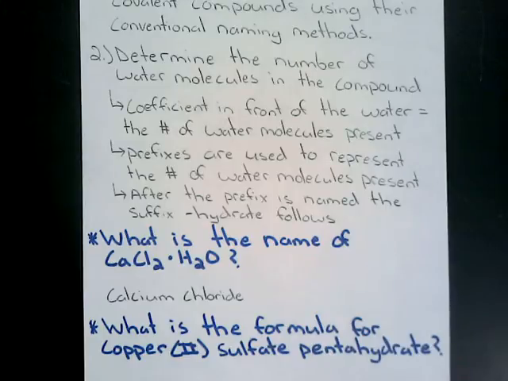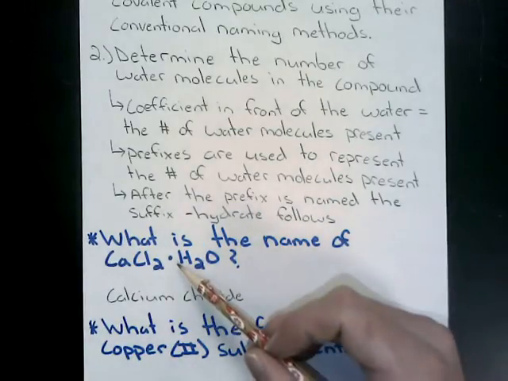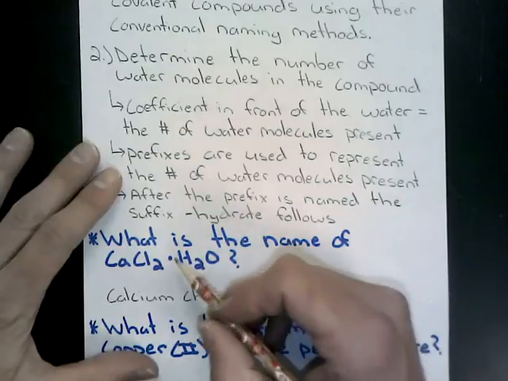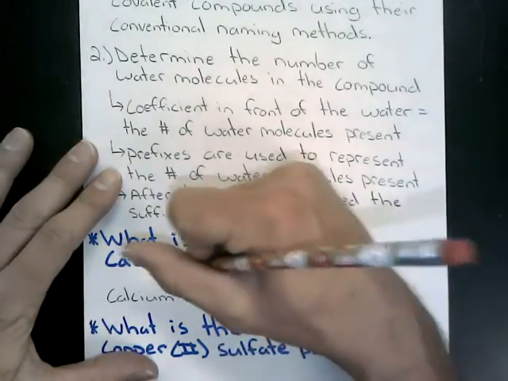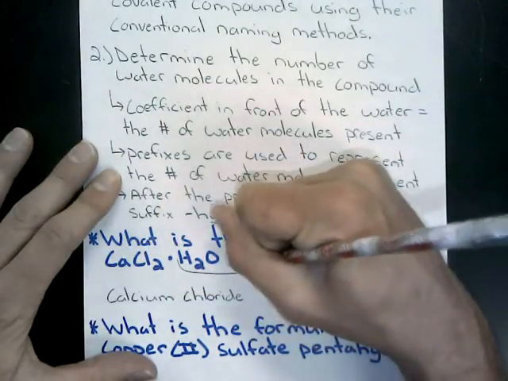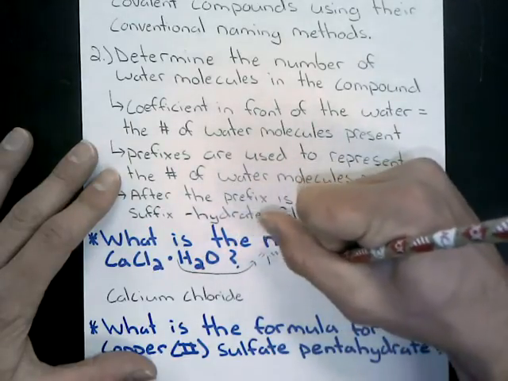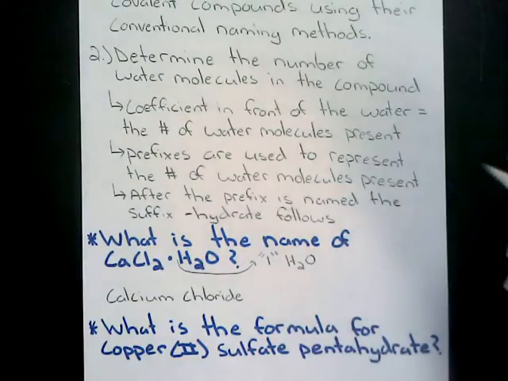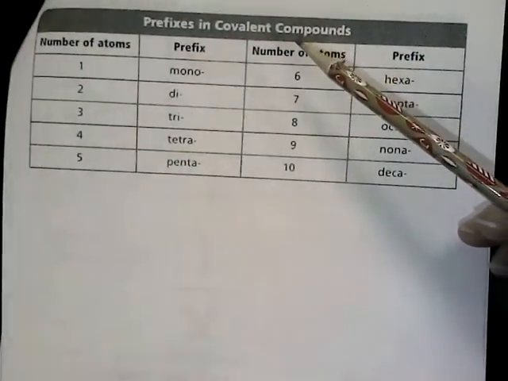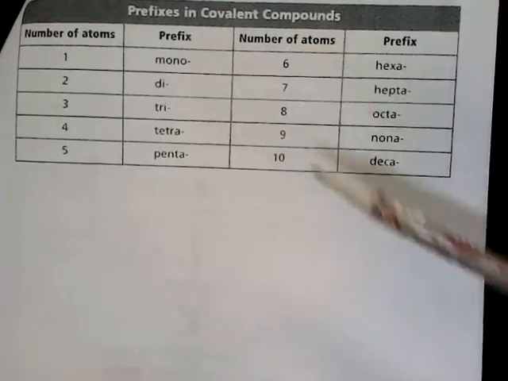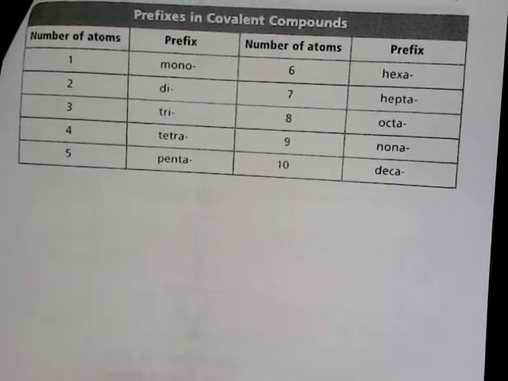Now we worry about this business of this attached water. Well, if you remember, the number in front has to be represented by a prefix. Well, there's no number, so we assume that we have one H2O. Okay? Well, we look on our prefix chart, and again, these are the prefixes for covalent compounds, and they're also the prefixes used to name hydrates.